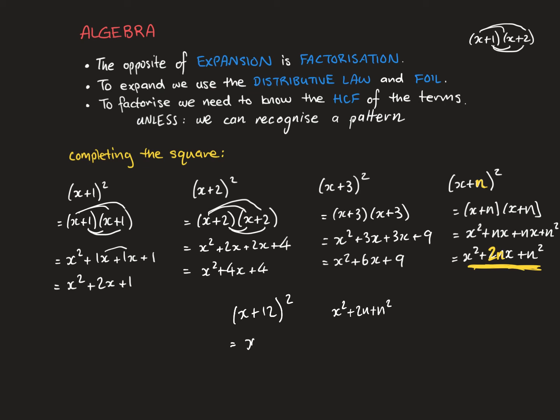Now, 2 times our n is 2 lots of 12, which happens to be 24. And n squared, well, what's 12 squared? Can you remember your last times table? It happens to be 144. So we could skip a lot of the working out just by remembering this nice little law called the completing the square law.